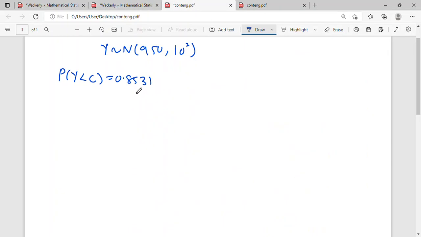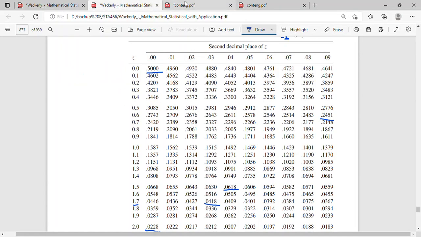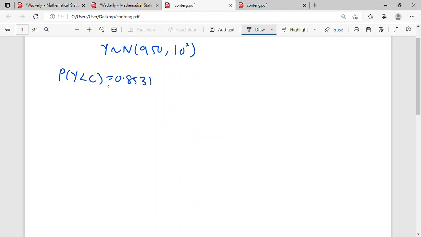Okay, so nak dapatkan nilai probability dari standard normal table, kena tukar dulu Y tu kepada Z lah, kan? Bila tukar kepada Z, nilai C tadi kena transform lah, kan?